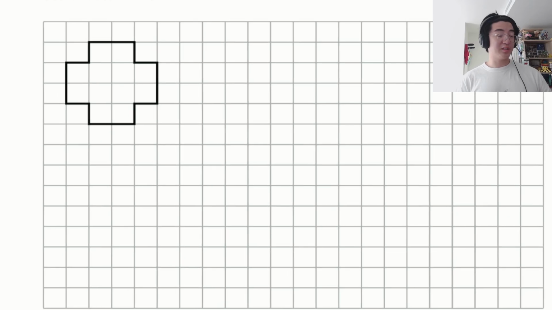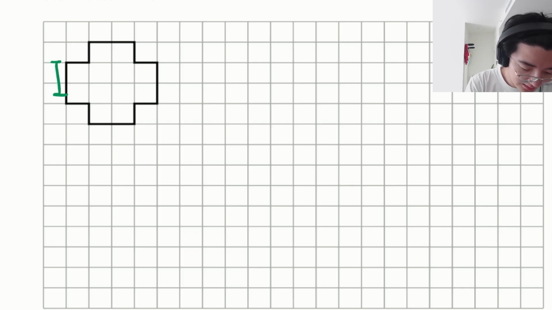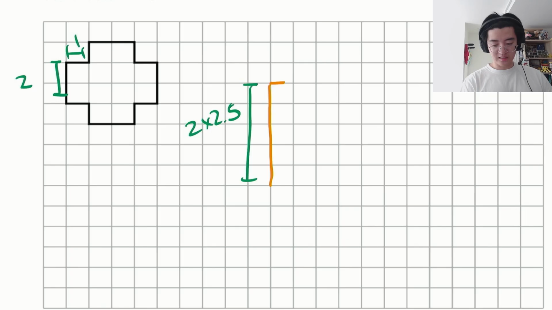Of course, decimals are still the same idea. We just have to try our best to convert it into the graph. So right here, this is 2 spaces, and this space is 1 space. So our new one will be 5 spaces, so 2 times 2.5. And then here, it's going to be 2.5 spaces, that's 1 times 2.5.